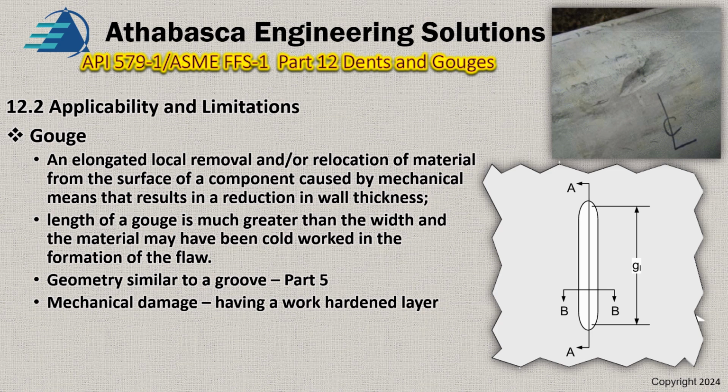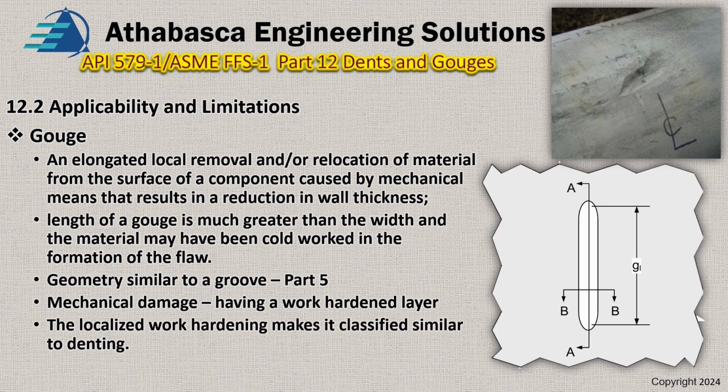And what that means is when you're doing repair of any gouges, you should be removing that work hardened layer on the parent material, and that's one of the conditions for doing an assessment. Lastly, the localized work hardening makes it classified similar to denting.